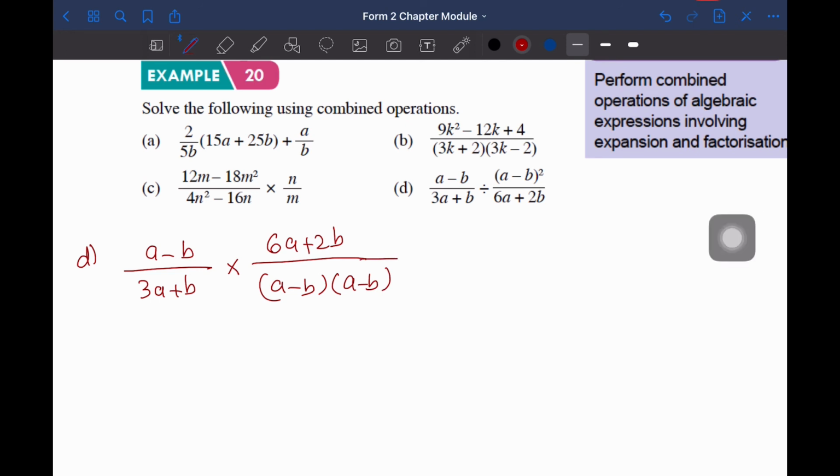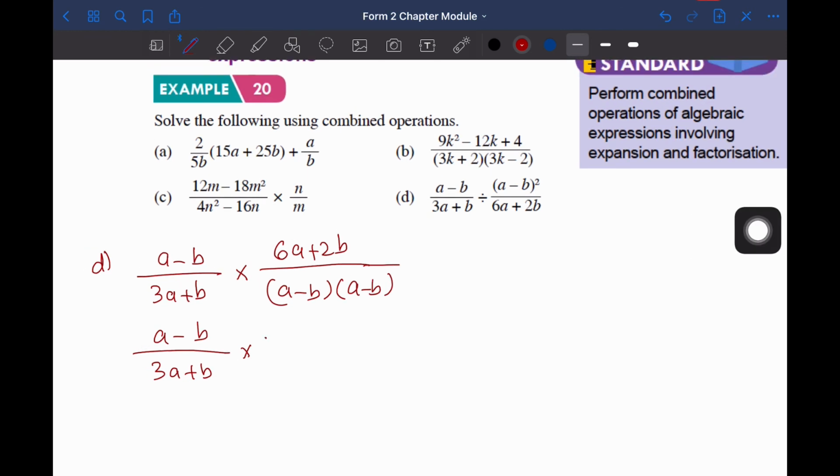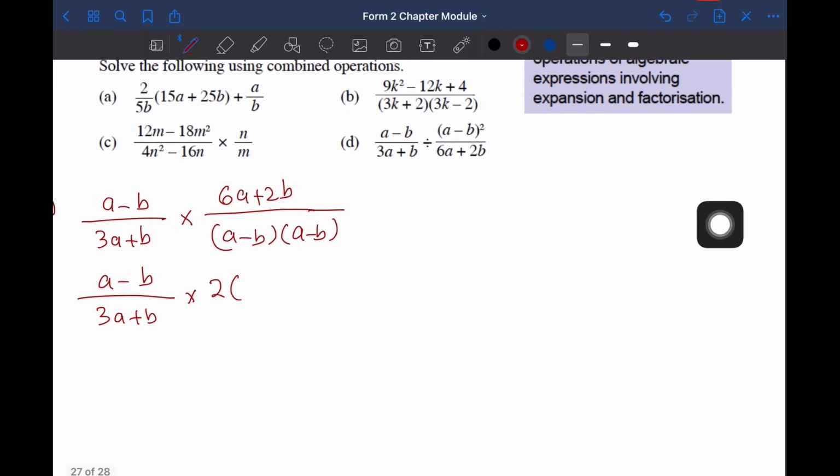Okay, so sekarang tengok atas dan bawah, 3A tambah B, 6A tambah 2B. Boleh saya keluarkan something kan? B 2B. So nak jadikan B, keluarkan 2 ni. So A minus B over 3A plus B times, okay, saya nak jadikan dia B saja. So saya bahagi 2, keluarkan 2. So 2. Okay, 2 darab apa? Jadi 6. 3.